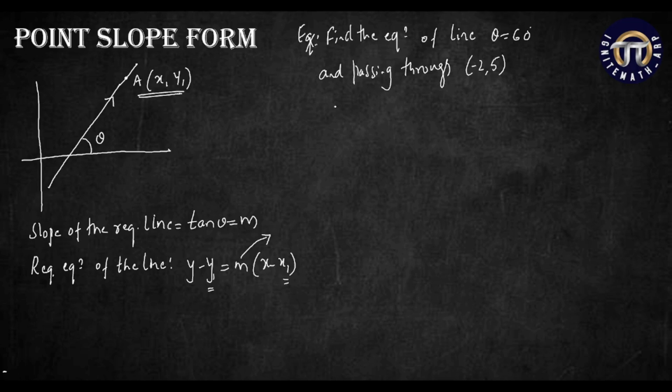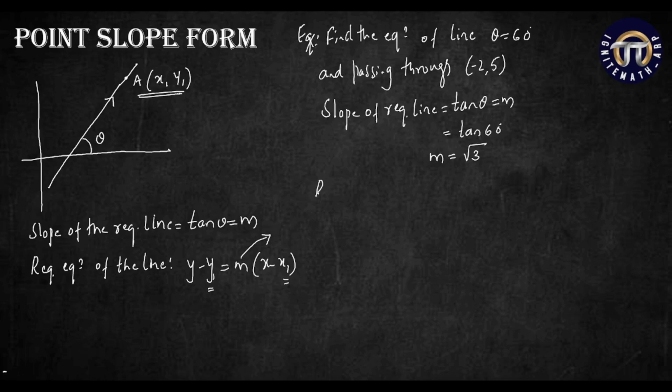So now the slope of the required line is equal to tan theta, that is our m. Clear? So now tan of the angle of inclination, that is 60 degrees, is equal to root 3. So that becomes the slope of the line.